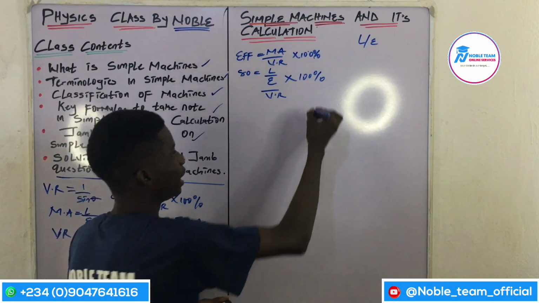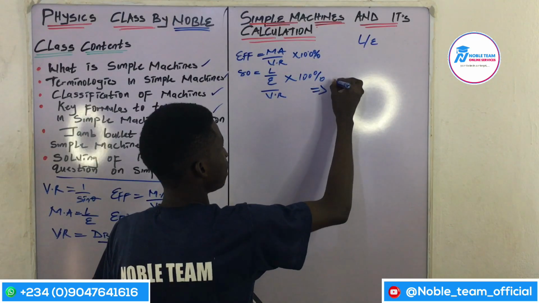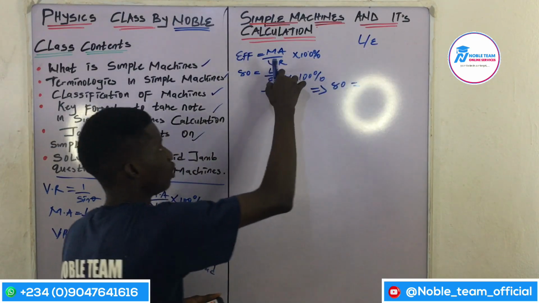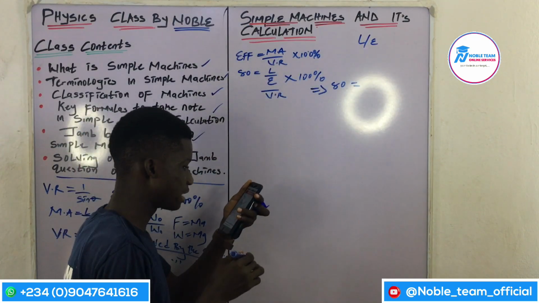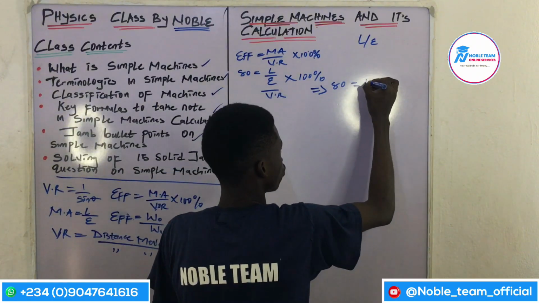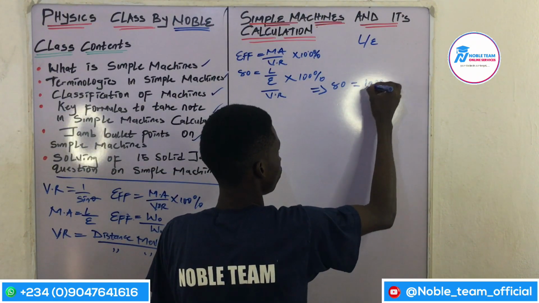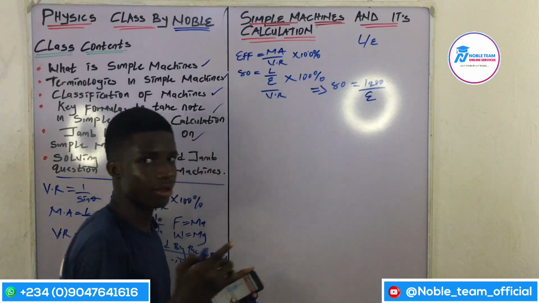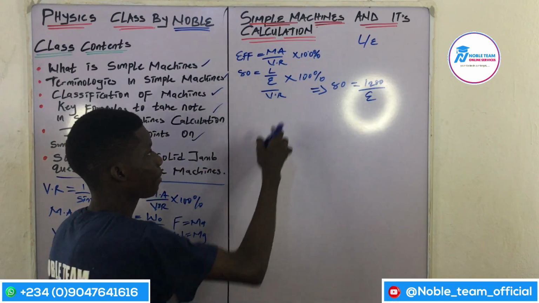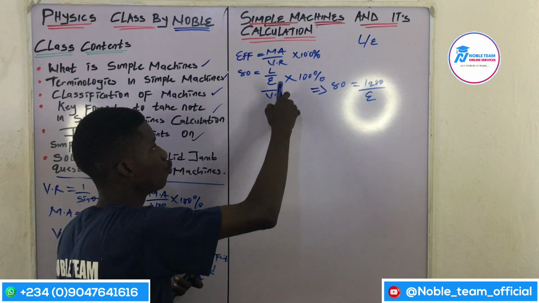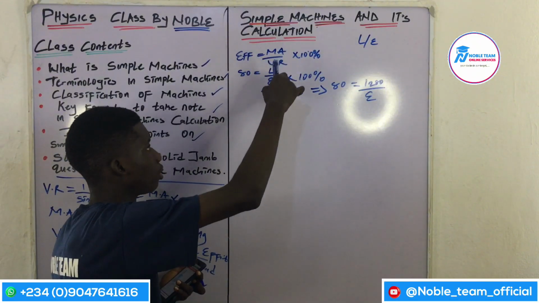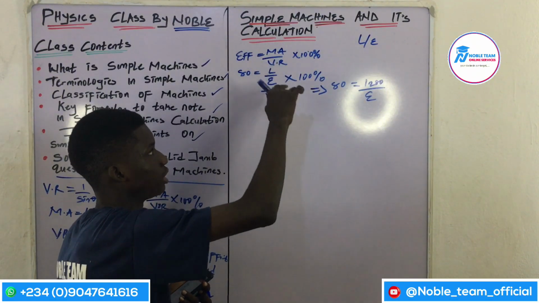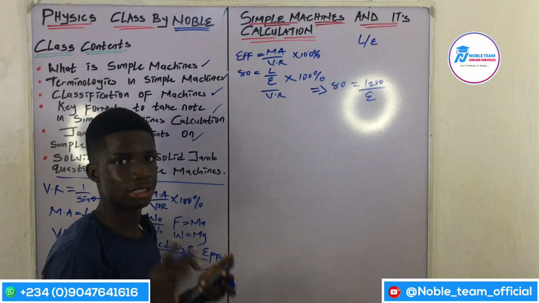Just follow me closely. I have 80 equals the load, which they said is 1200 Newton, divided by the effort. Remember that since we want to raise this up, it's going to be 1 over the velocity ratio. Simple.